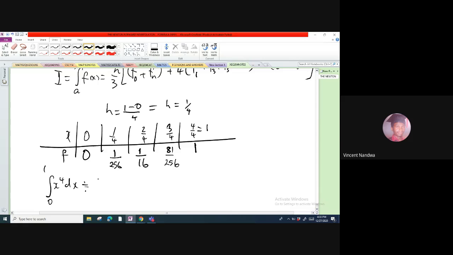approximately equals, so we have now h, which is 1 over 4, so it'll be 1 over 12 into 0 plus 1. So remember, this is the f0, f1, f2, f3, f4.